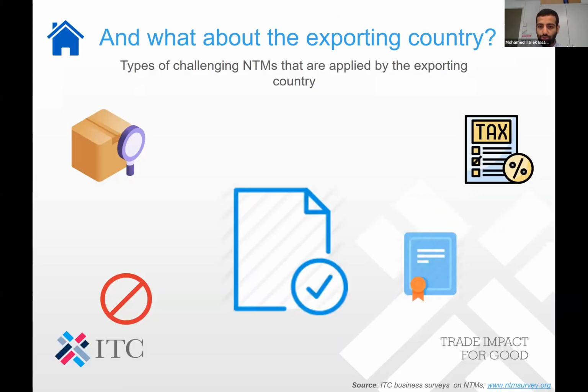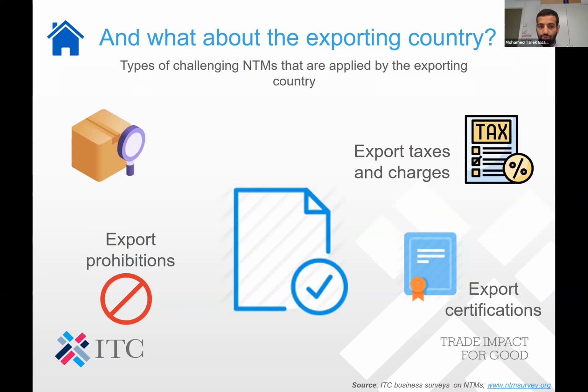What about the problems in the home country? Because we said 1/4 of the problems are related to export-related measures. Companies complain about export charges and taxes, export prohibition, certification, inspection, and getting an export license as well.